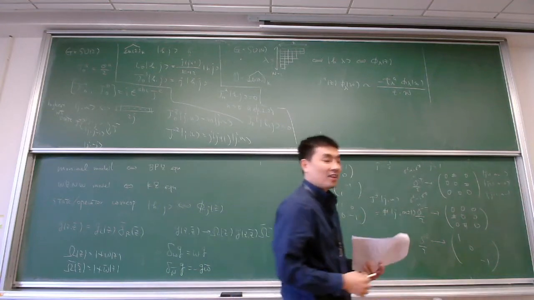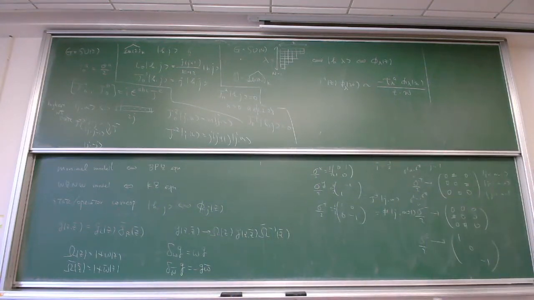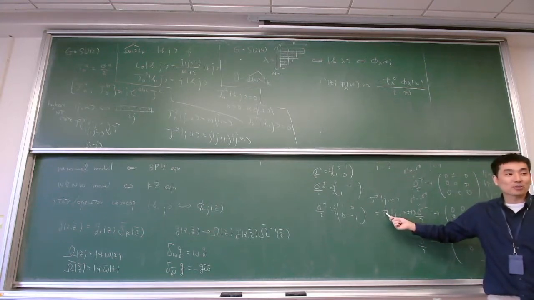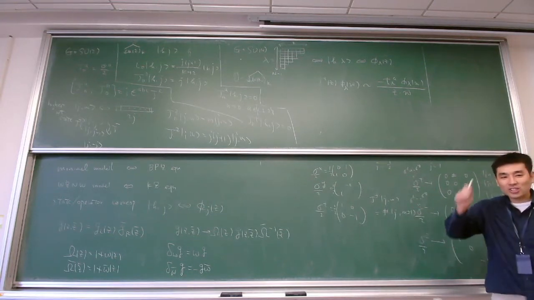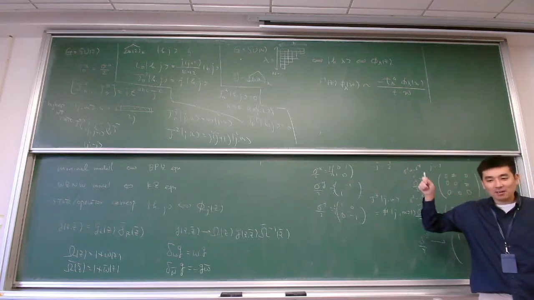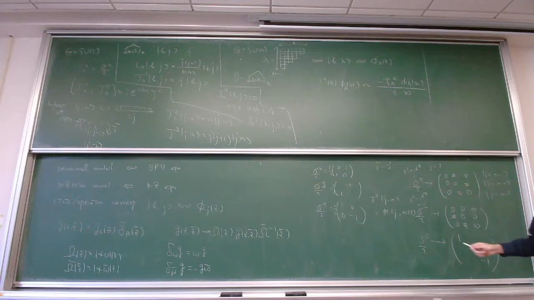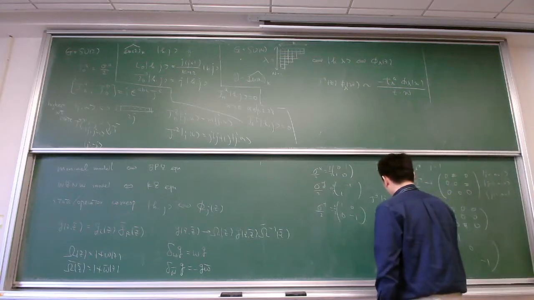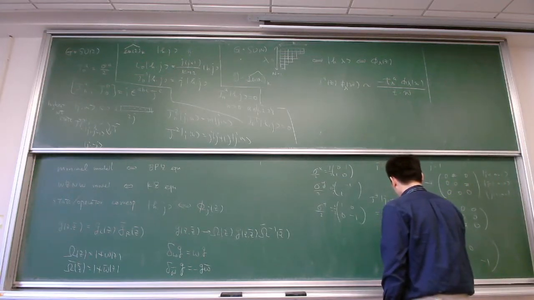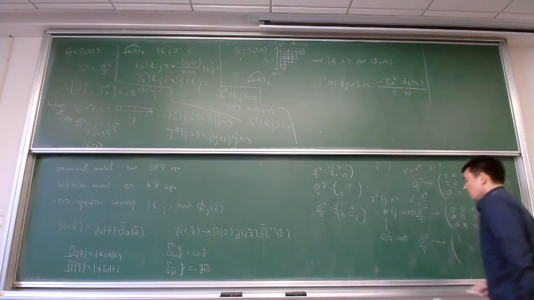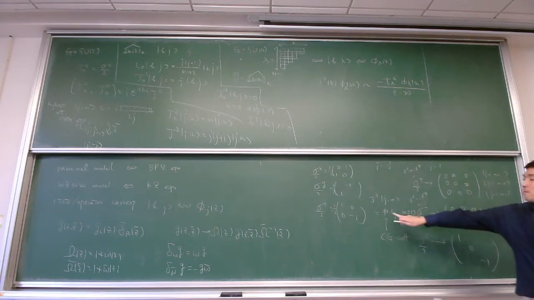You understand? So this number really appears. This number is the Clebsch-Gordan coefficient, something like the square root of (j minus m)(j plus m plus 1) or something like that. Anyway, this number appears here.